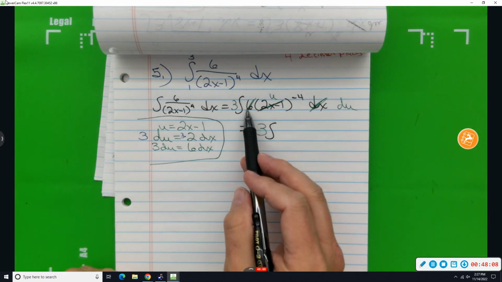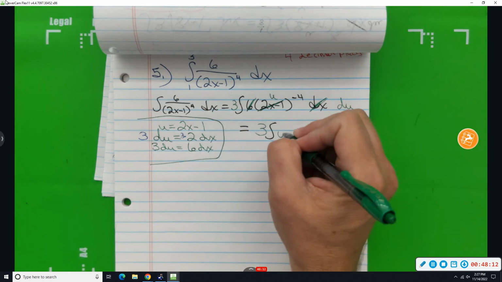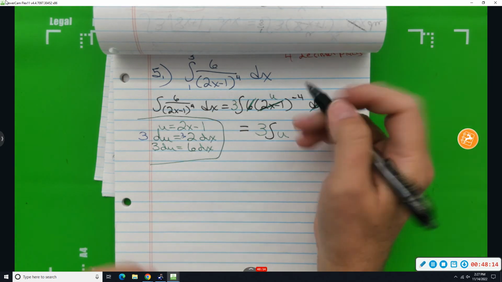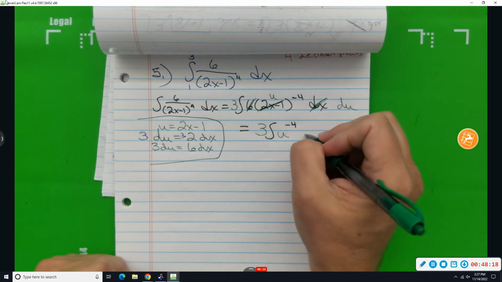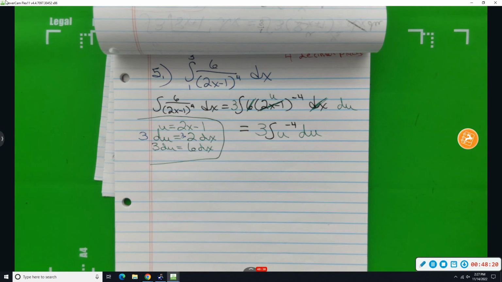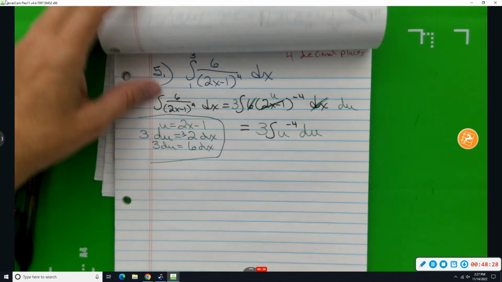The 6 is gone. We have a u to the negative 4 du. Any questions over this? The antiderivative part is the most rigorous part.